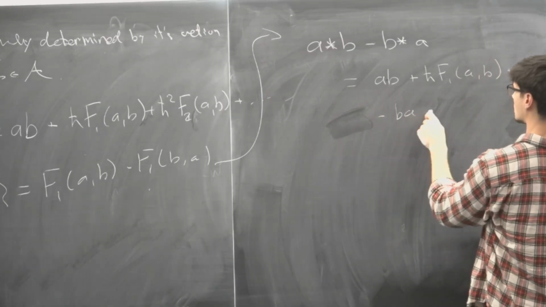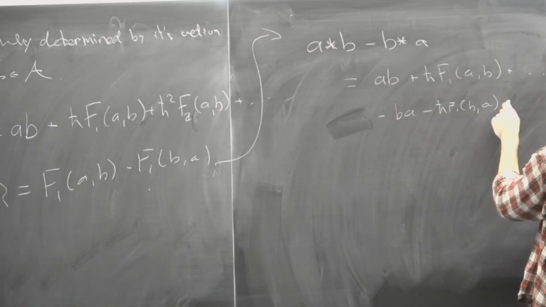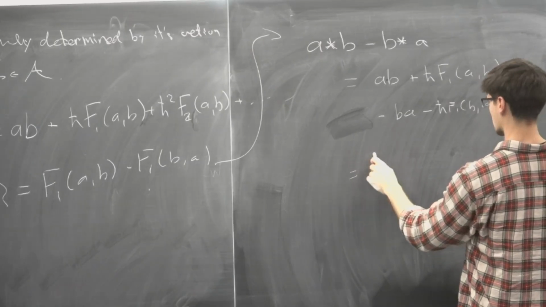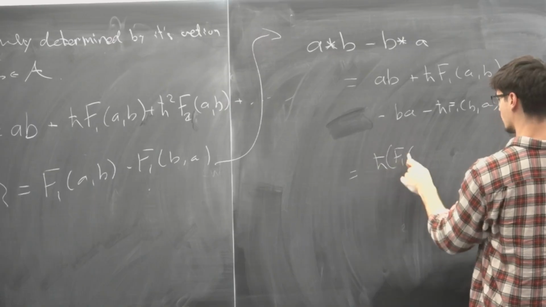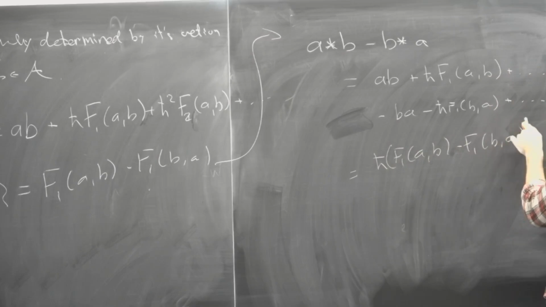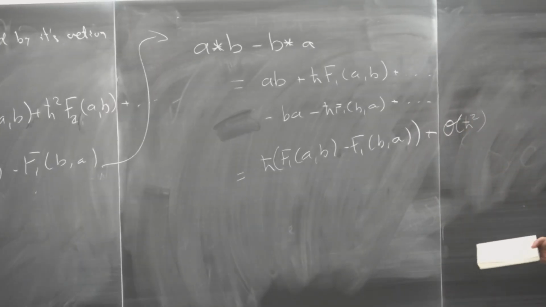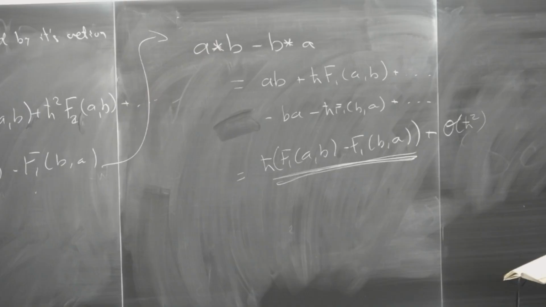All these terms cancel, and we're just left with the first order term. The other terms don't vanish, but they are higher order terms. The Poisson bracket is given by the linear term, so our Poisson bracket is given exactly by this difference here. Check that out.